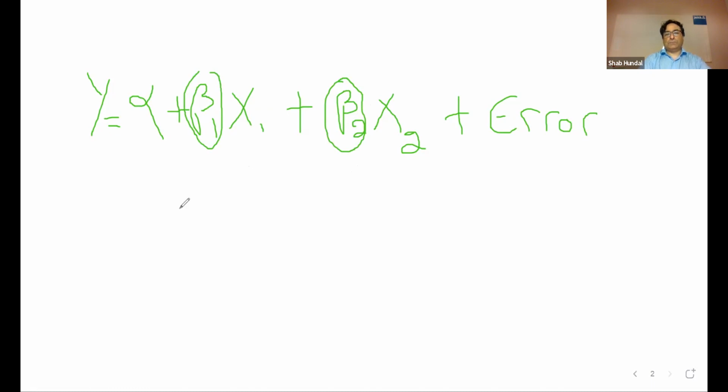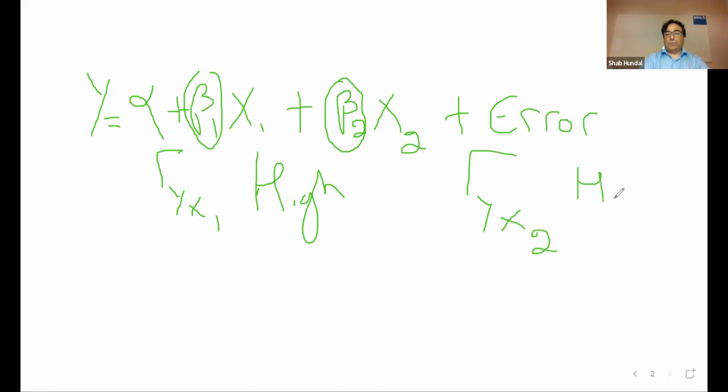So if I go away from the language of regression and start using correlation, we want the correlation between Y and x1 to be high, and the correlation between Y and x2 should also be high.